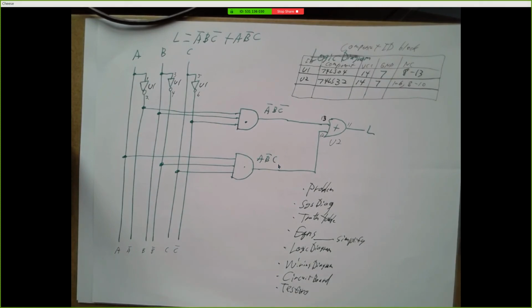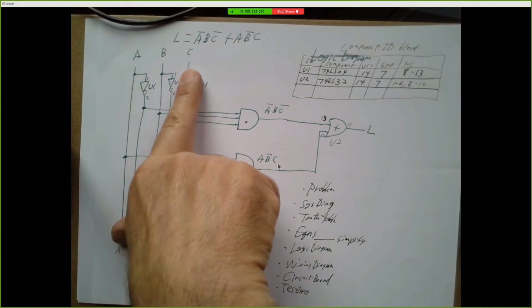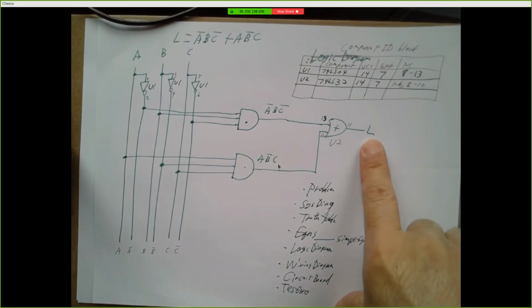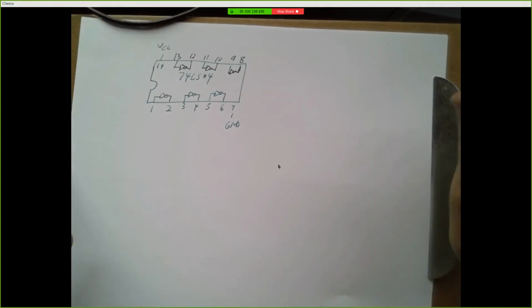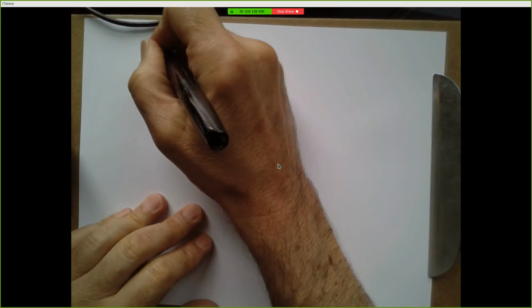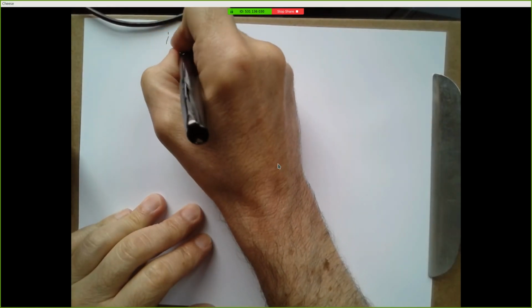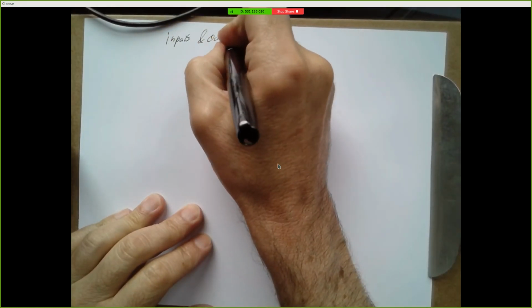So we want to talk about how to generate input values A, B, and C, and also how to read output values like L. Okay, so this is the last topic for today, input and output.